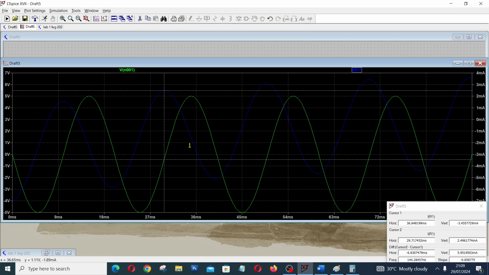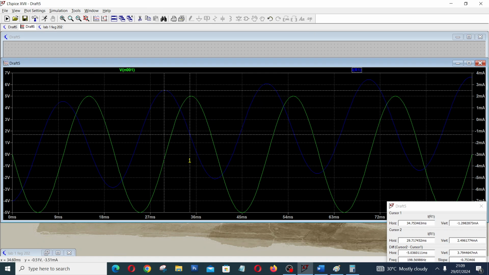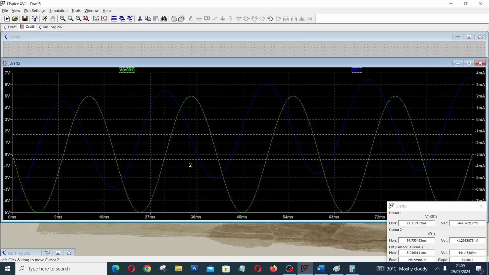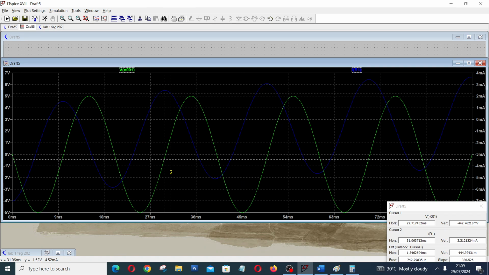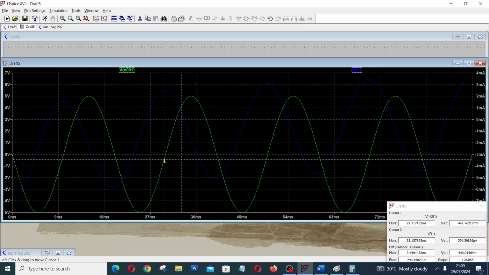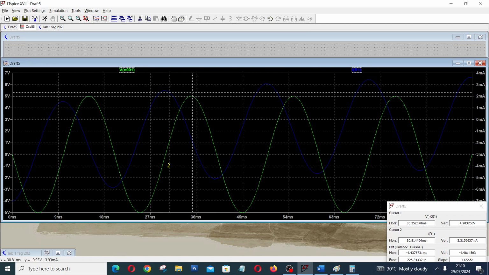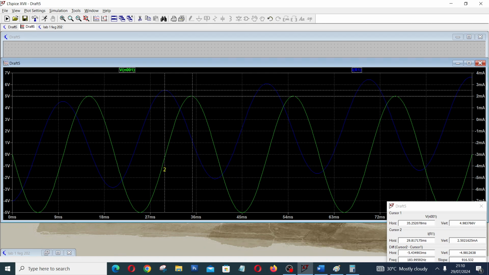Okay, this is tracing the voltage now, and this is tracing the current. Good. So it's just the same way we have been doing it earlier on. One is tracing the voltage and one is tracing the current.